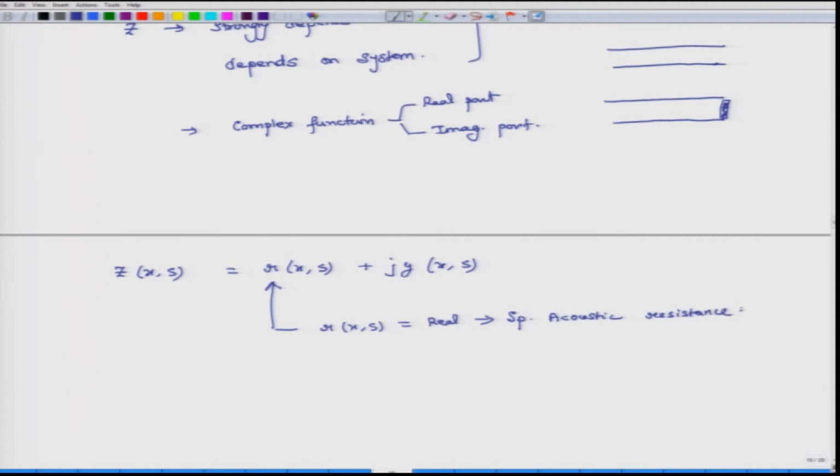And this is the imaginary component Y, and this is called specific acoustic reactance.